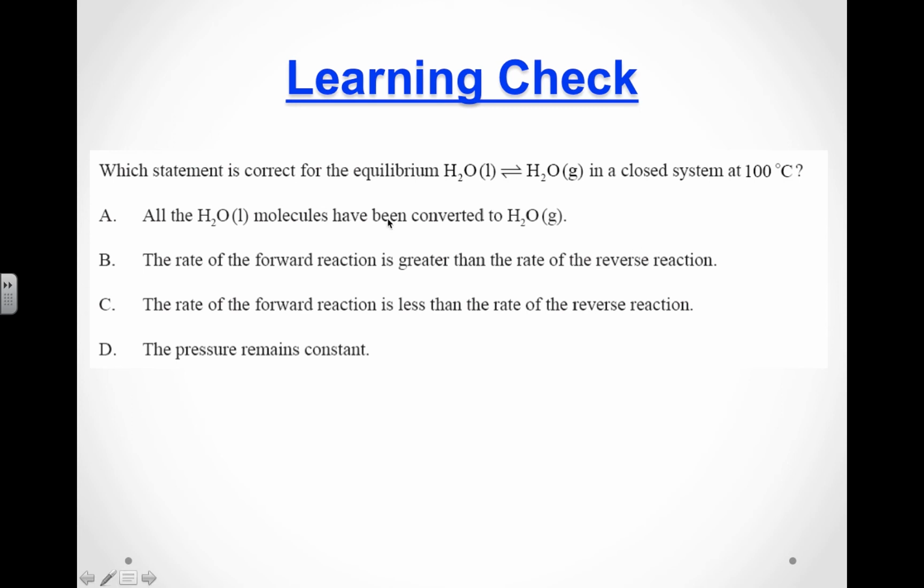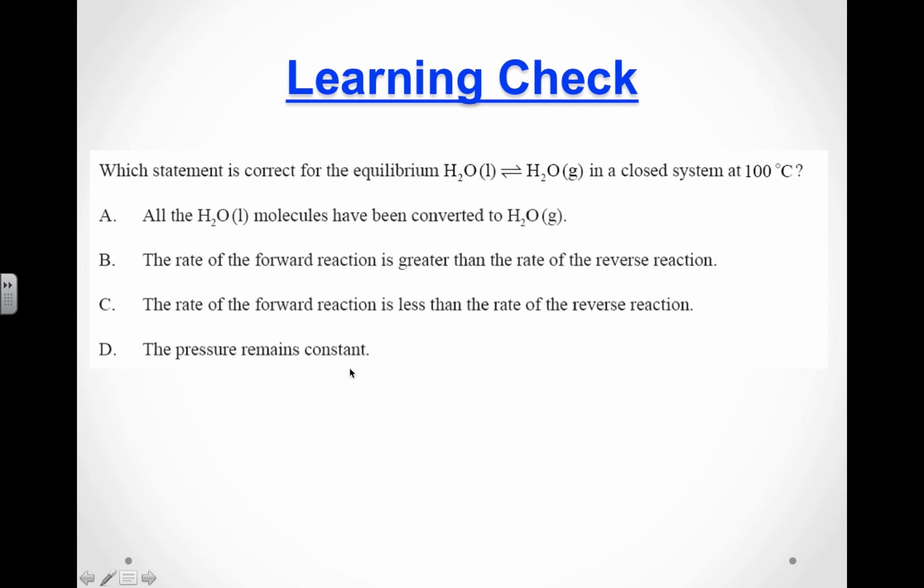All right, so all of the liquid water molecules have been converted to gas. Well, no, because it's equilibrium. We've got 2 arrows. It's going back and forth. The rate of the forward reaction is greater than the reverse reaction. Well, we just said we're at equilibrium, so that means the rates are equal. So not for B. The rate of the forward reaction is less than the rate of the reverse reaction.